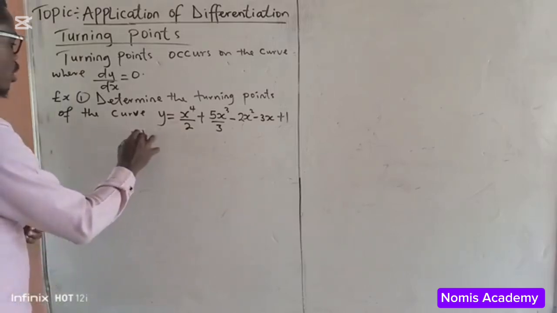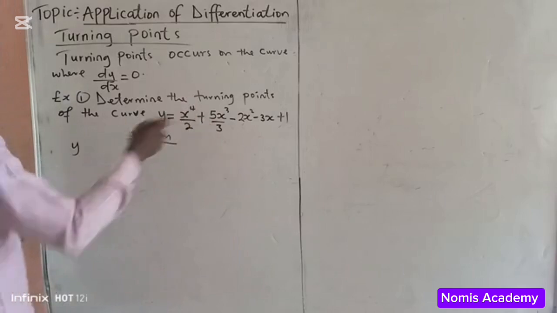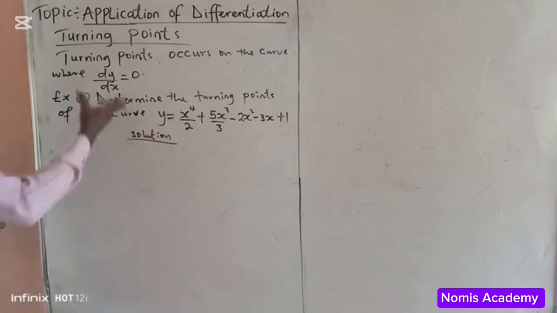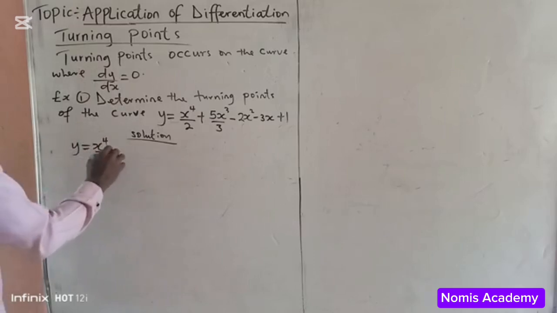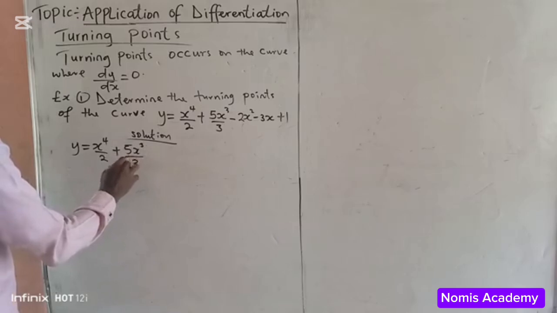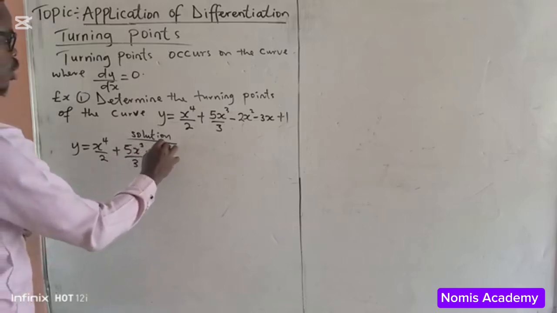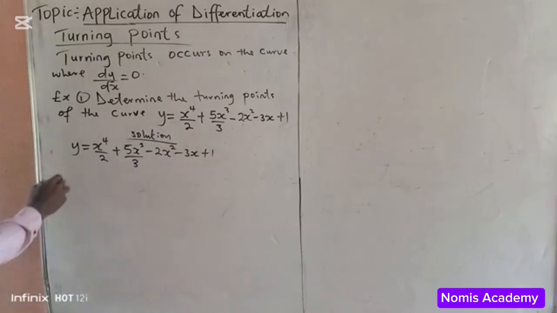Alright, so the first thing we need to do is differentiate the function to determine dy/dx. So when y is equal to x to the power 4 over 2 plus 5x cubed over 3 minus 2x squared minus 3x plus 1, we are going to find dy/dx.